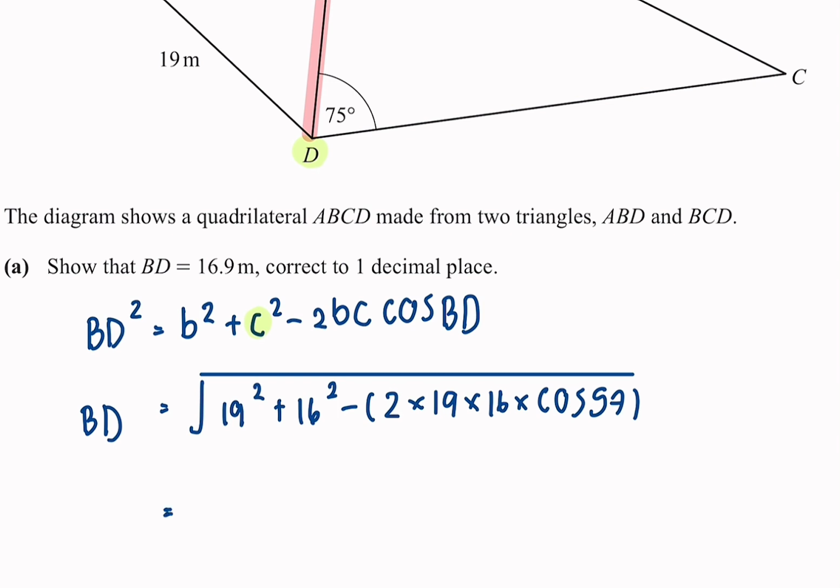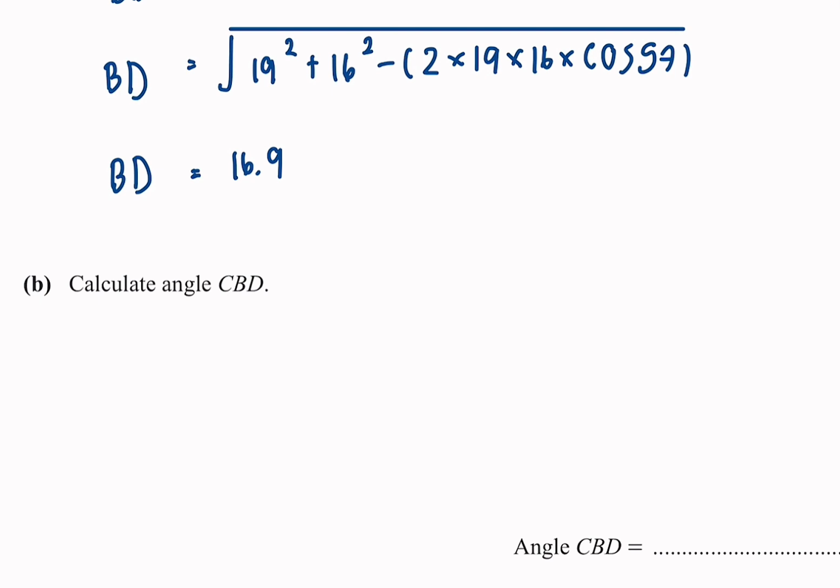And if you correct to one decimal place, BD is equal to 16.9.